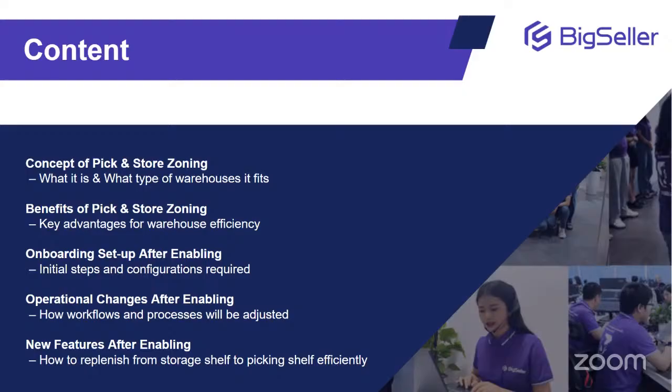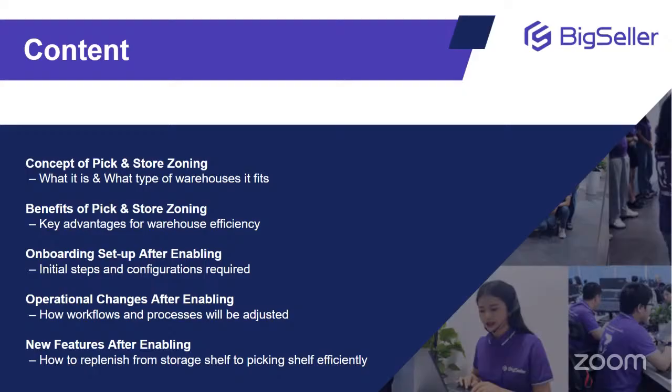Today, we'll be focusing on the pick and store zoning feature in BigSeller. This is a feature designed to make your warehouse operations more efficient and help you save both time and labor cost. In this session, we're going to cover, first of all, what pick and store zoning is and why it matters. Second, I will show how to set it up in the BigSeller system.